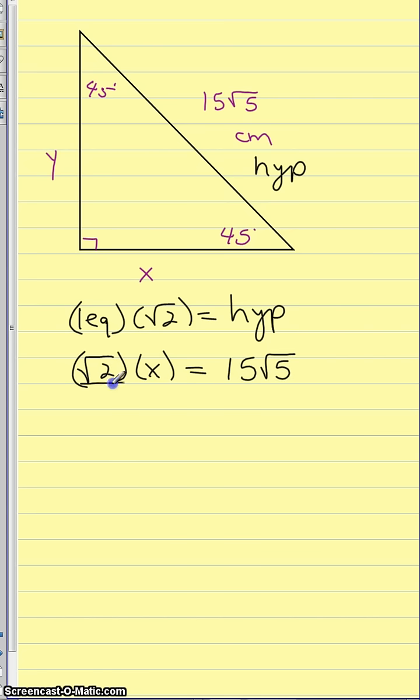I need to get to x, so I divide by the square root of 2 on both sides. So x is 15 square roots of 5 over the square root of 2. Now you cannot leave a square root in your denominator, so we're going to have to rationalize. So I'm going to multiply top and bottom by the square root of 2.